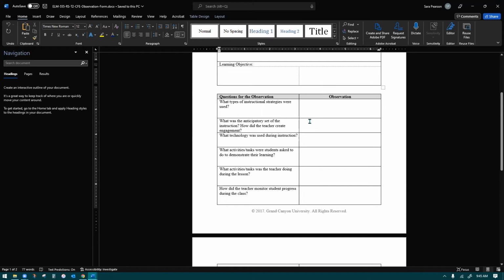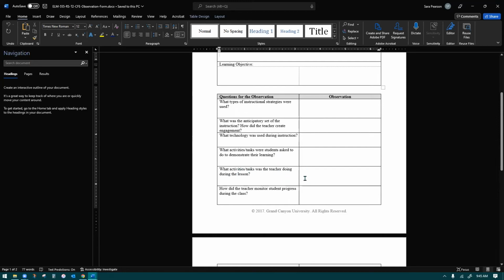And then how does the teacher create engagement and get students paying attention and engaged with the lesson? What are those moves the teacher is doing? You'll notate any technology being used, any activities or tasks that students were asked to do, any activities or tasks that the teacher was doing.